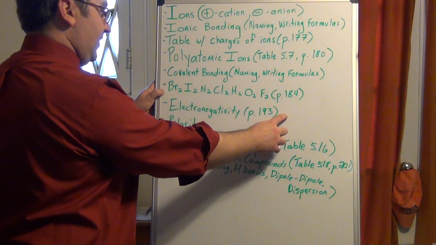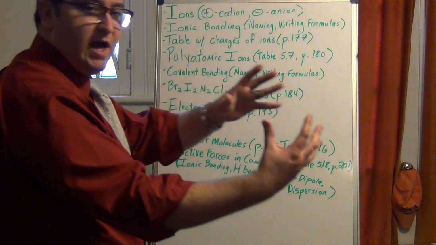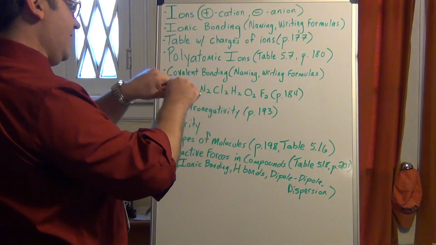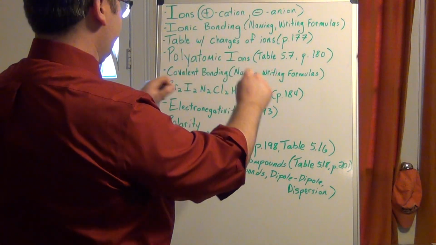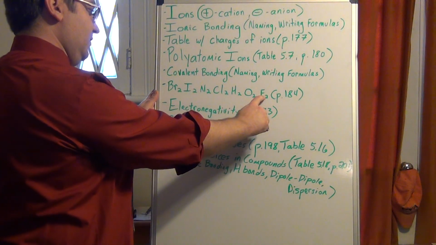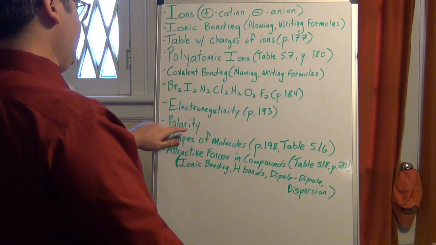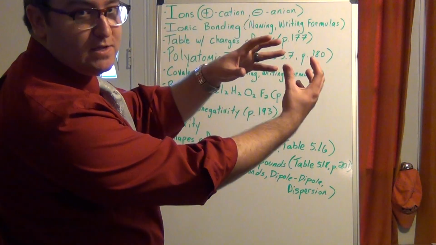The next part of the chapter is going to be electronegativity, the tendency of electrons to shift towards a specific atom in a bond. If you have an equal electronegativity difference, for example in any of the diatomic molecules, it will be nonpolar. Also know polarity, meaning that there's not going to be a pull towards either one.